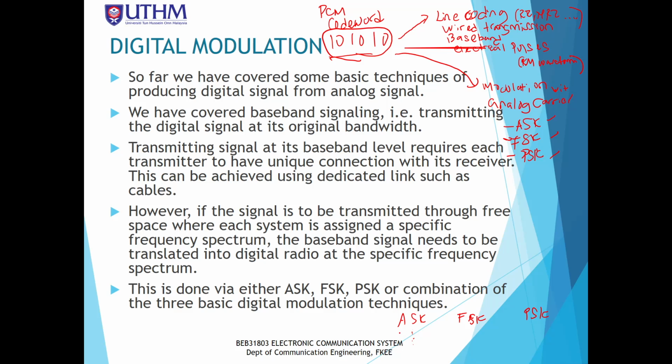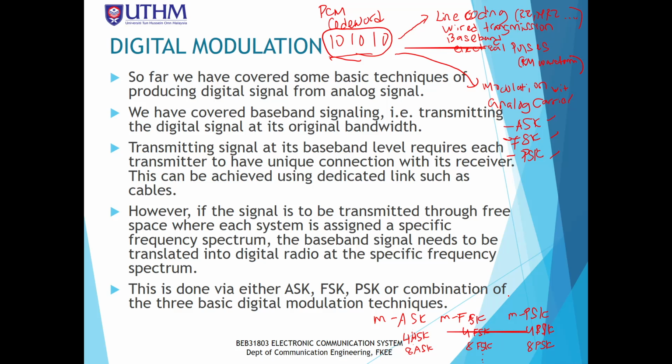For example, 4 ASK, 8 ASK dan seterusnya. Sama juga dengan FSK, kita ada 4 FSK, 8 FSK dan seterusnya. Maksimum adalah 256. PSK pun sama, kita ada 4 PSK ataupun QPSK, Quadrature Phase Shift Keying. Kita ada 8 PSK dan seterusnya. So kalau kita perhatikan, sebenarnya dia ada lagi satu parameter di sini, MASK.